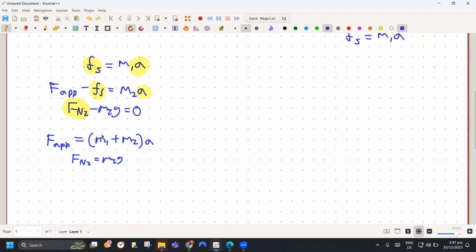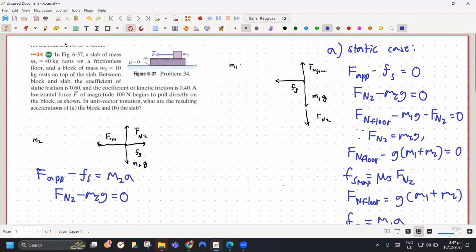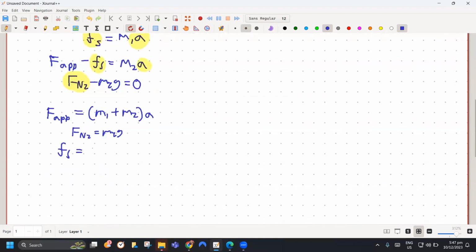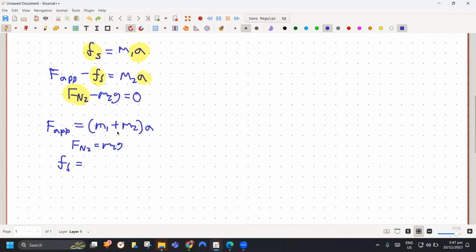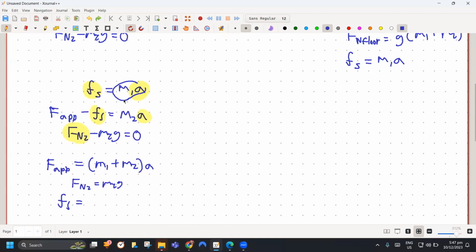So what's Fs? Don't substitute values yet. We want it in terms of F applied, M1, M2 if any, and g.